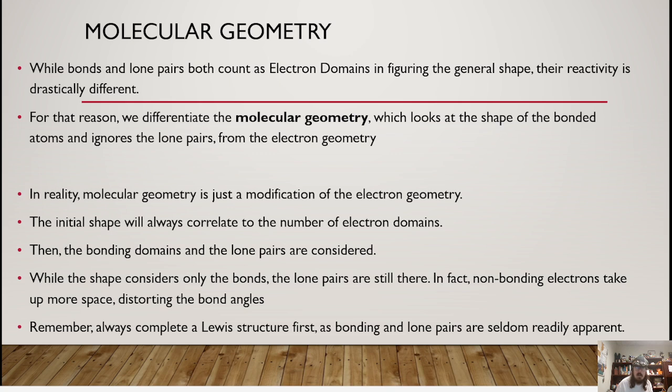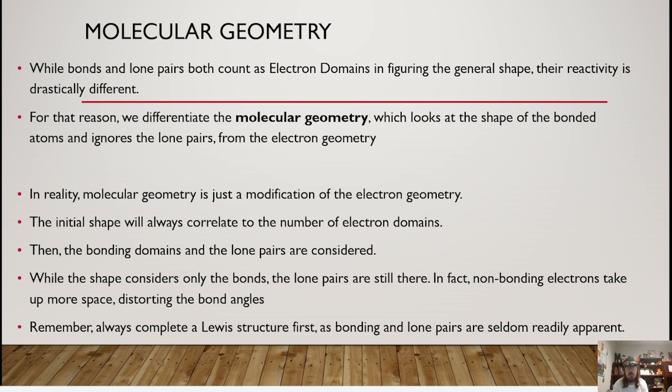So in reality, the molecular geometry is just a modification of our electron geometry. We're still going to find the electron geometry first. We always need the number of electron domains to start with. But then we are going to take the number of bonding domains, so regions where there are bonds, and compare this to the regions where there are lone pairs.